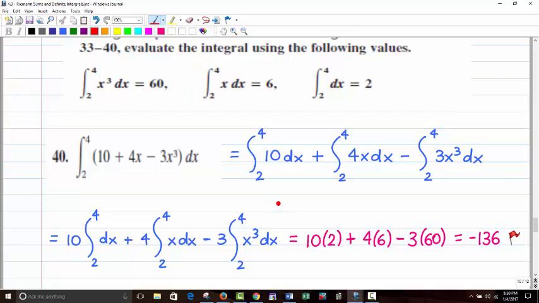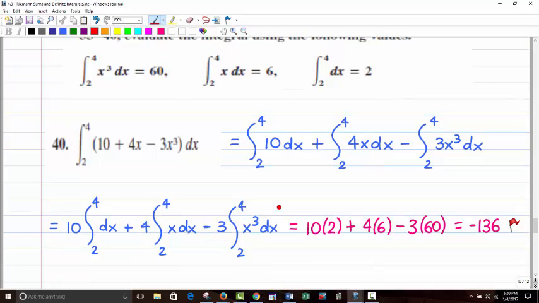So that was one property I used. I just used another property. I pulled the 10 outside, pulled the 4 out, pulled the 3 out. Now, the original definition of the problem is telling you the definite integral from 2 to 4 of dx is 2. So I'll put 2 right there. The 10 is still there, of course, so 10 times 2.